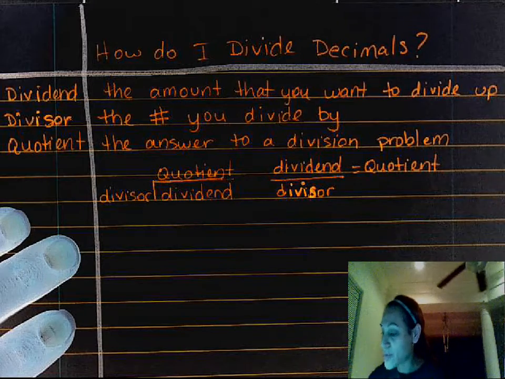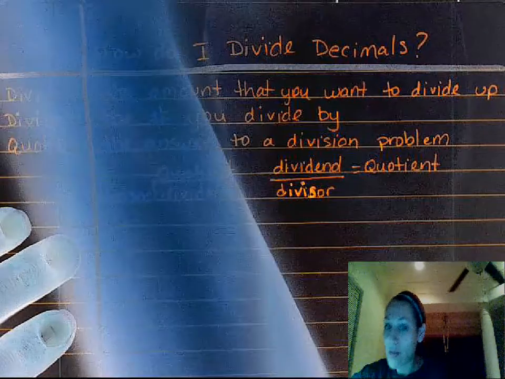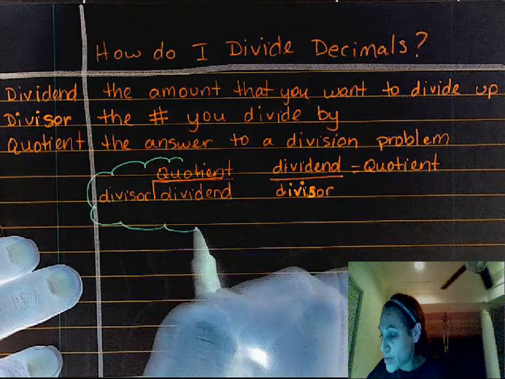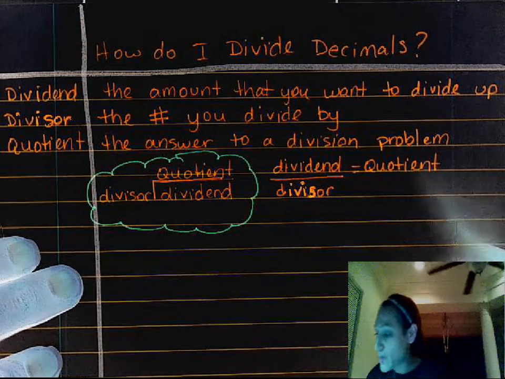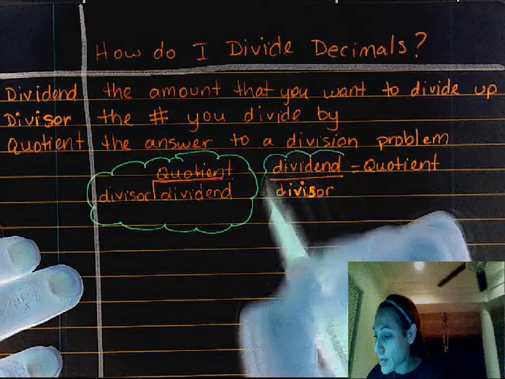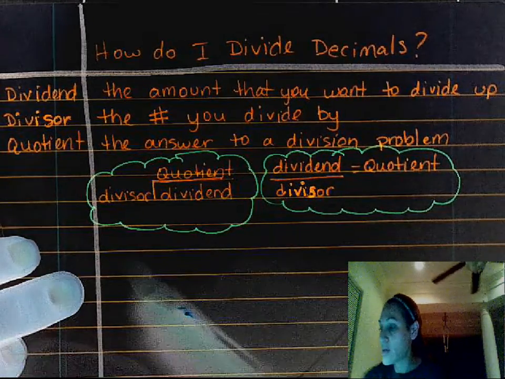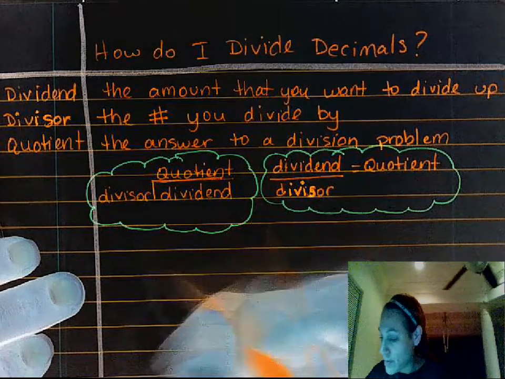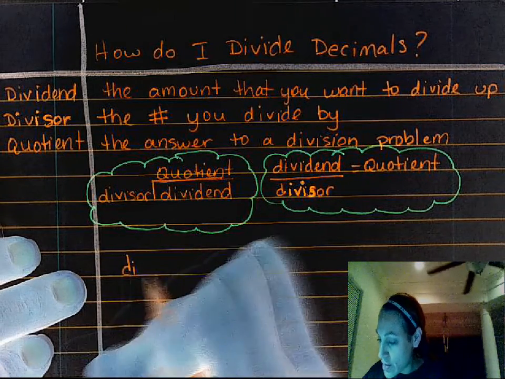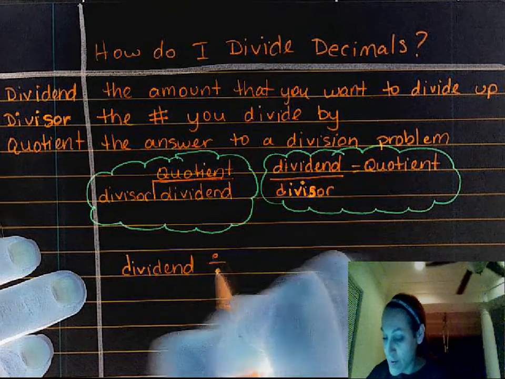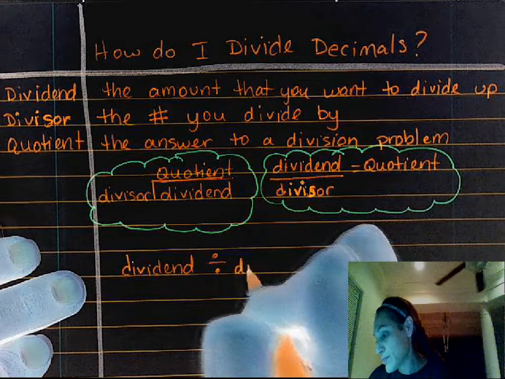Right? Alright, so just so that we can distinguish the three different ones, that's one way, that's another way, and the last one is when you have your dividend divided by your divisor.